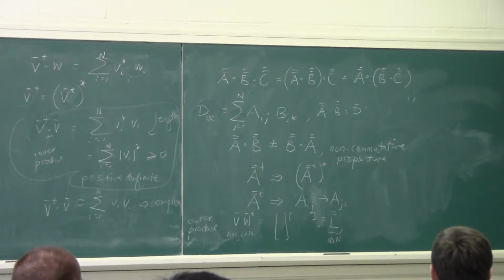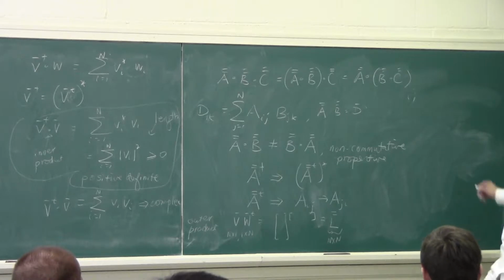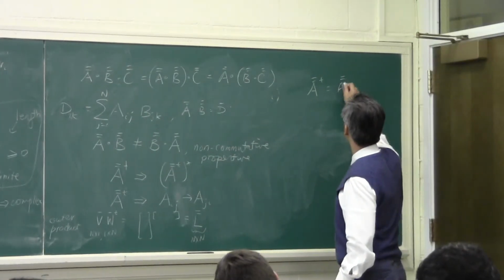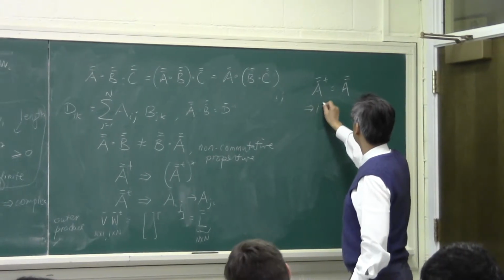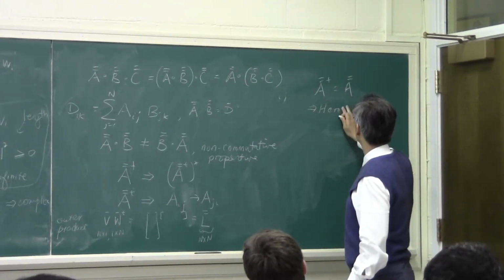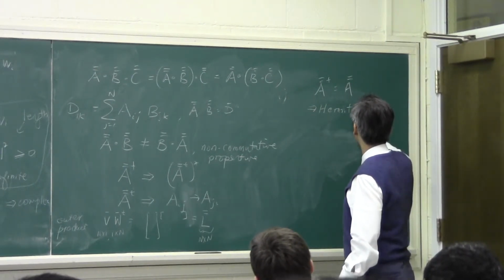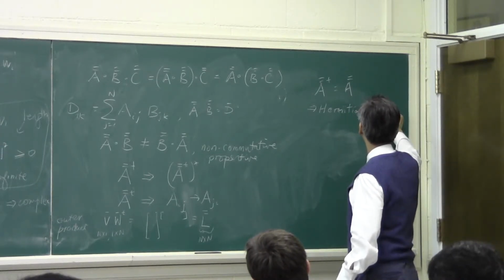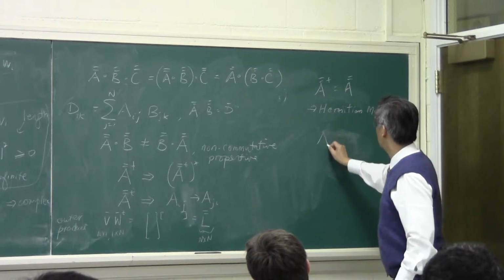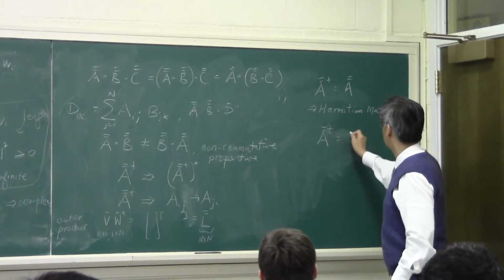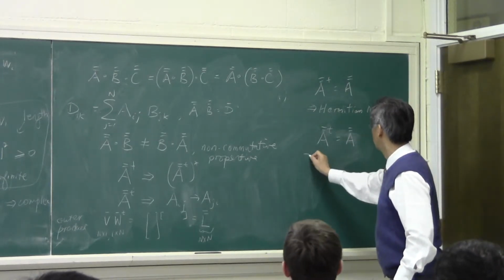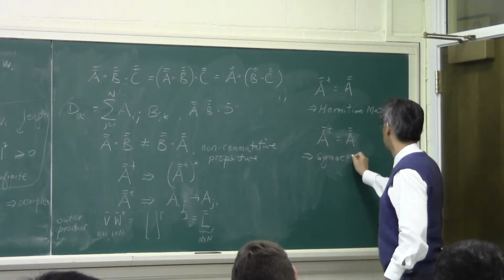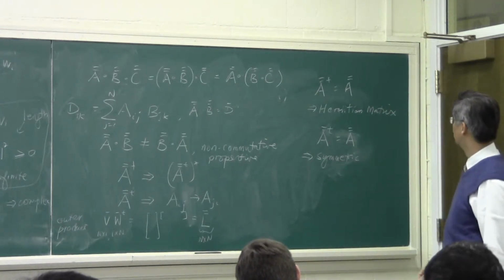If not, a matrix is Hermitian if A conjugate transpose is equal to A. These kinds of matrices are called Hermitian matrices. And if a matrix is equal to its transpose, this is called a symmetric matrix.